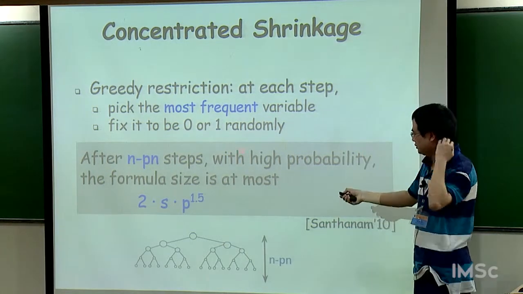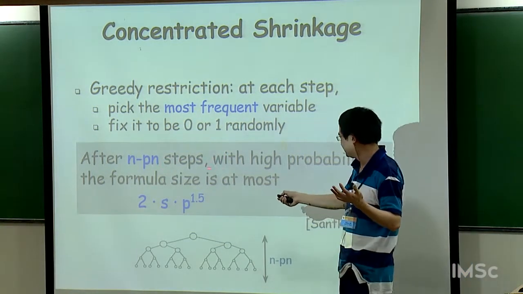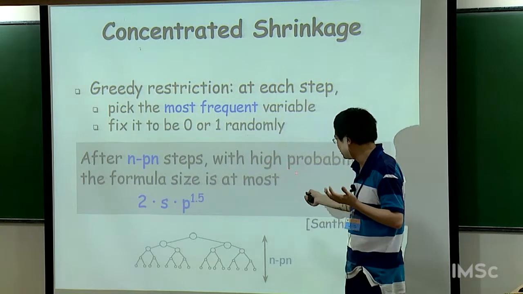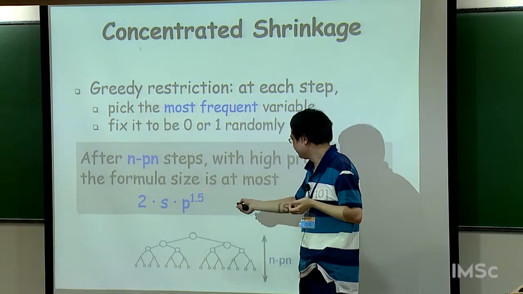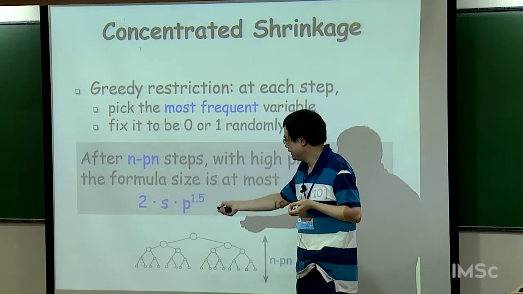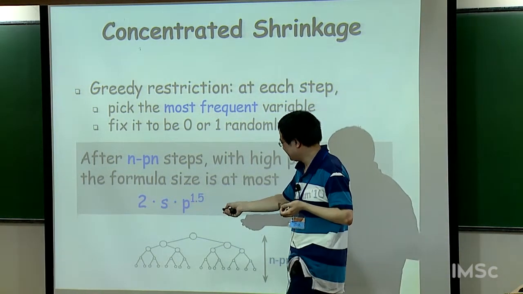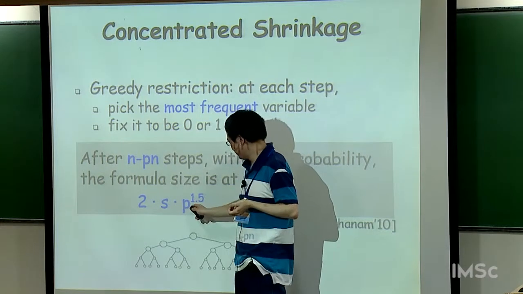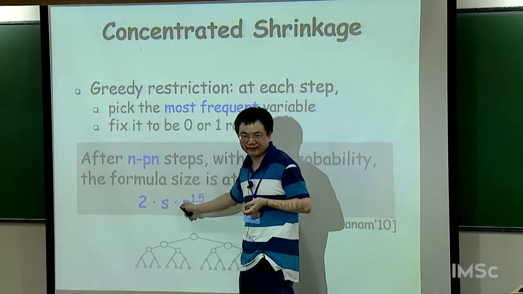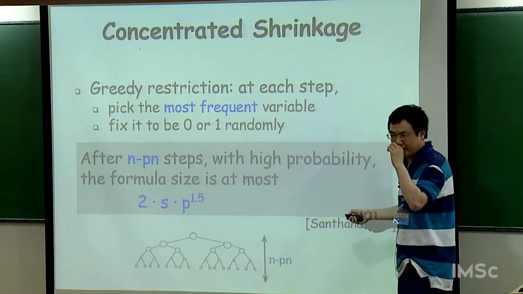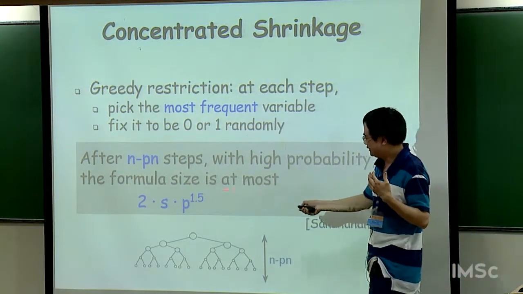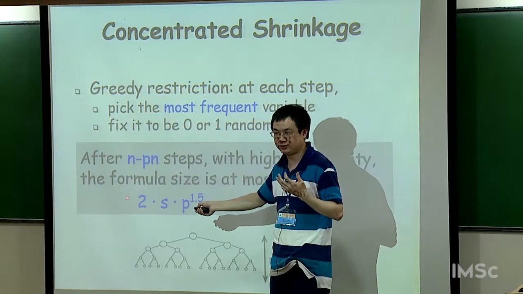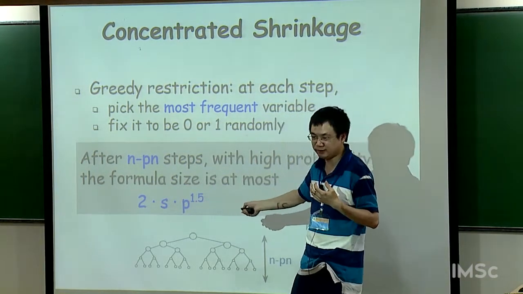I do the same process for n minus pn steps. It can be shown that with high probability, the formula size is at most 2 times s times p to the 1.5, which is the expected size. So with high probability, the formula size after the restriction is upper bounded by 2 times the expectation.